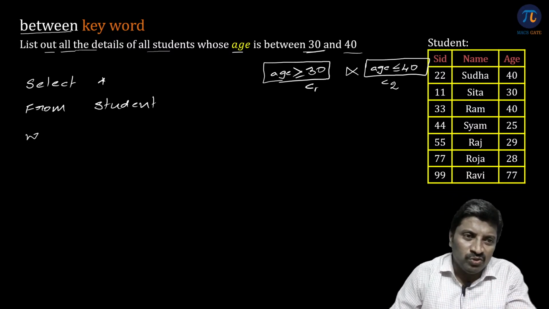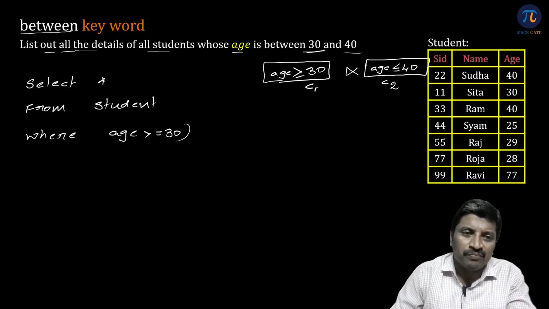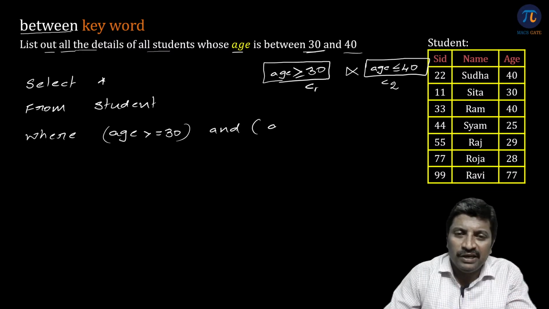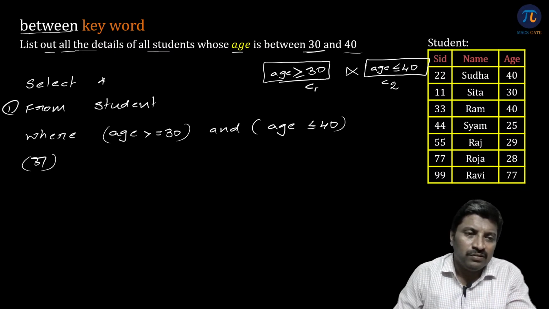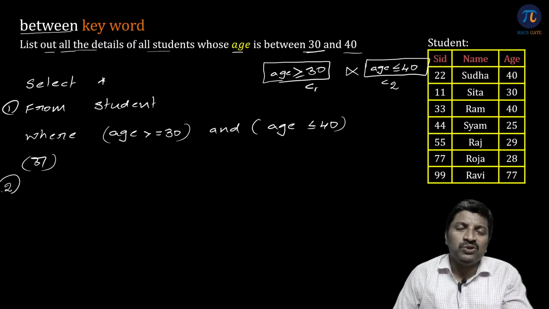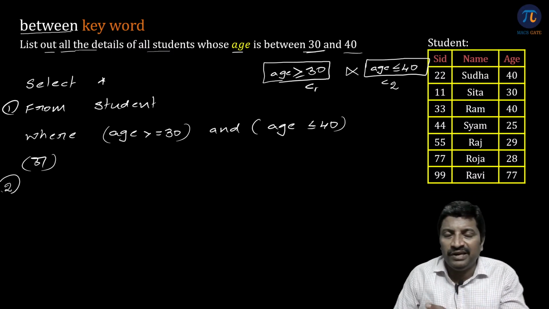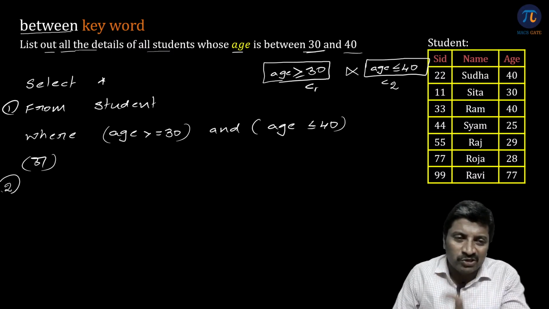If I don't want to use the between keyword, directly I can specify like this: where age greater than or equal to 30 and age less than or equal to 40. Okay, so here we have not specified between. Instead of this one, you can use the between keyword whenever we need the records between a particular range.